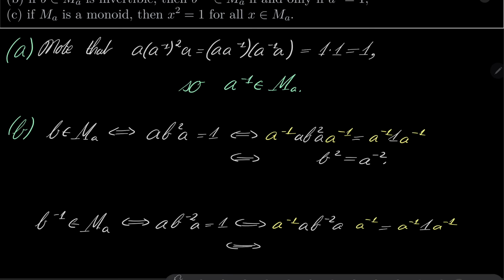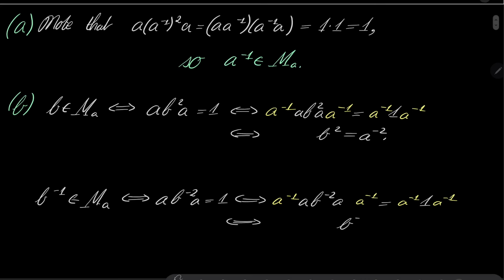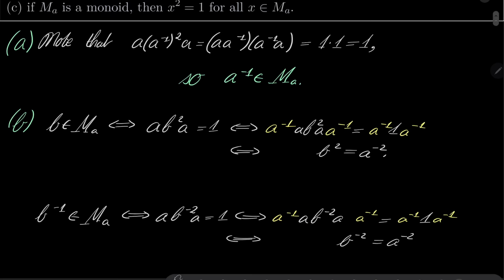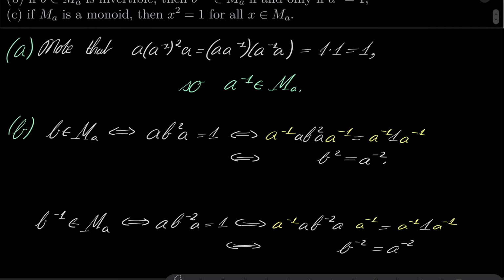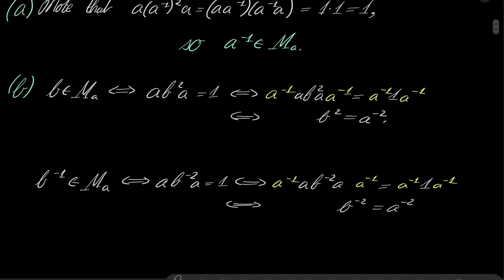And this is equivalent to saying that B to the minus second power equals A to the minus second power. Alright. But now, what now? Notice that this is equivalent once again to saying that B to the second power equals A to the second power. Why is that? Well, because I'm just inverting everything. I'm multiplying both sides by A squared and B squared.